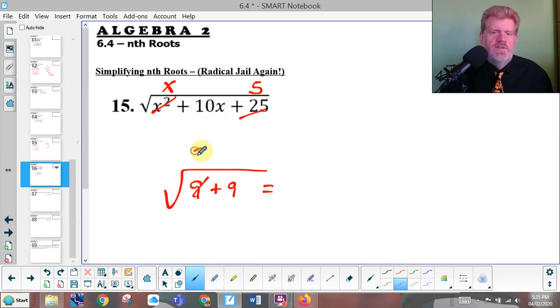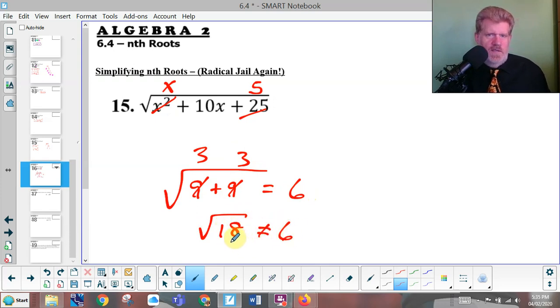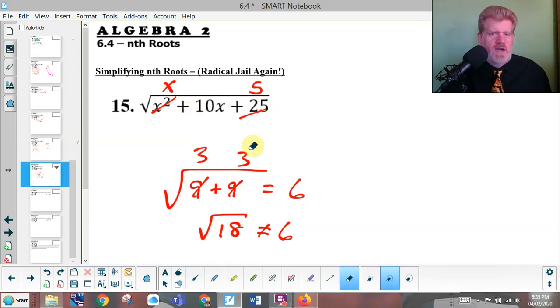Oh, look, square root of 9 is 3. Square root of 9 is 3. 3 plus 3 is 6. Yay. Well, 6 squared is 36. 9 plus 9 is 18. The square root of 18 is not 6. Because you're dealing with a grouping property, and you can't take pieces of a group out. You've got to do the whole group.